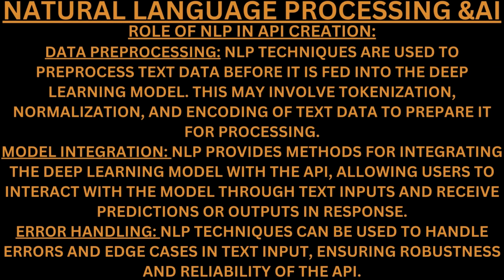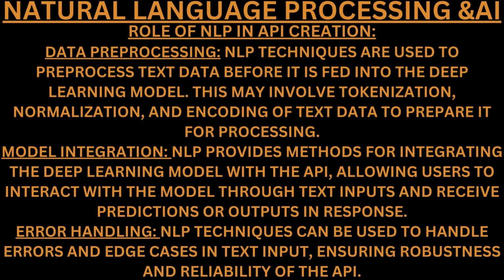Role of NLP in API creation. Data pre-processing. NLP techniques are used to pre-process text data before it is fed into the deep learning model. This may involve tokenization, normalization, and encoding of text data to prepare it for processing. Model integration.